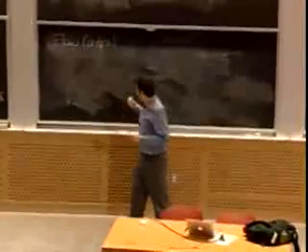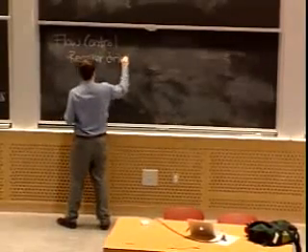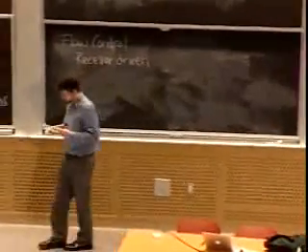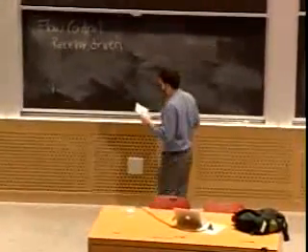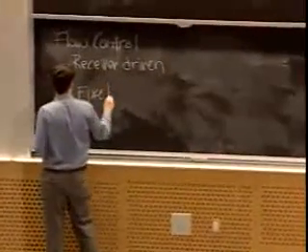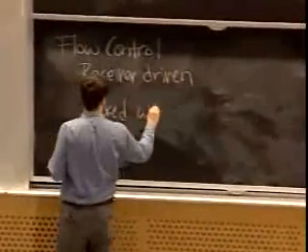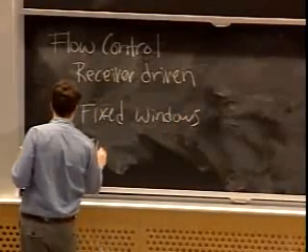So this is going to be receiver-driven feedback. And we're going to look at two techniques for doing this. The first one is called fixed windows, and the other technique is called sliding windows.